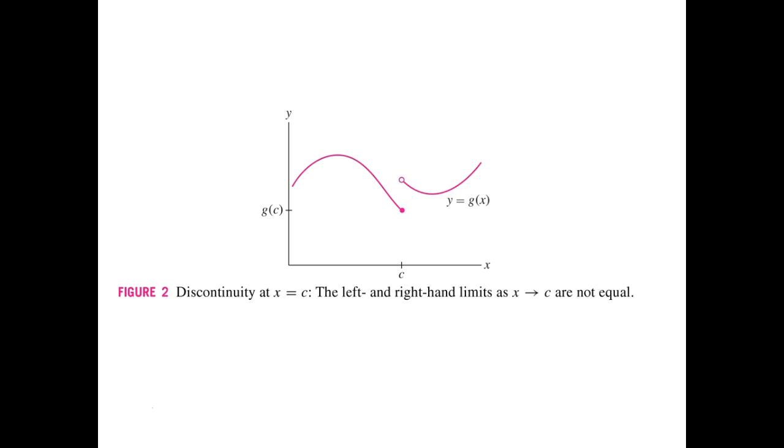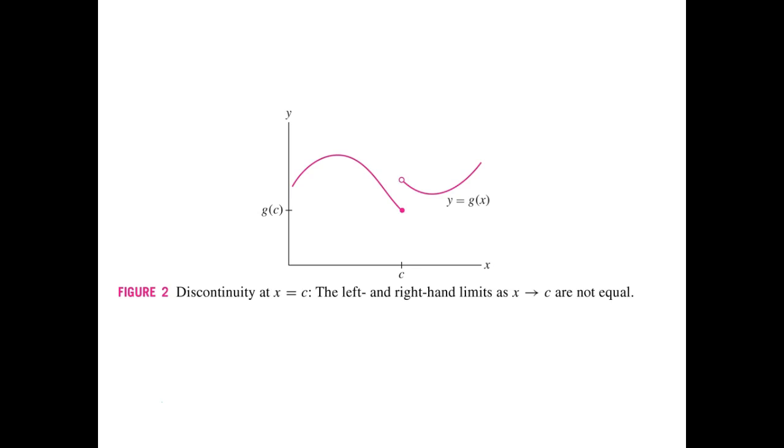But just past C, it jumps up to here. So it's f of x. Oh, I'm sorry, it's g here. The g of C is one functional representation here, but a different functional representation there. That's not a continuous function, because at C, the limit from the left is not the same as the limit from the right. Oh, limits are involved here? Yes, they are. So that's how we define continuity.